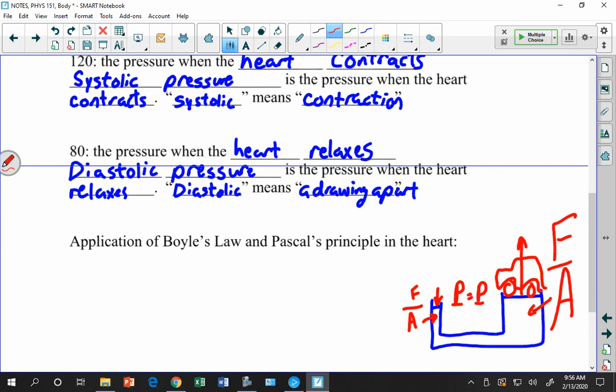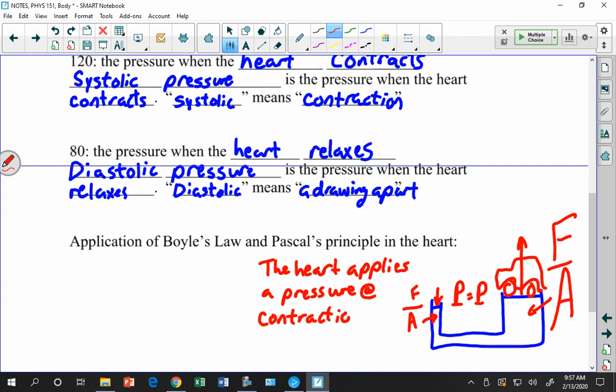So Pascal's principle is applied in the heart because the heart applies a pressure when it contracts. That increases the pressure throughout the body.